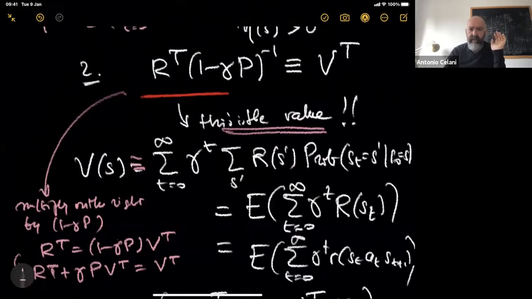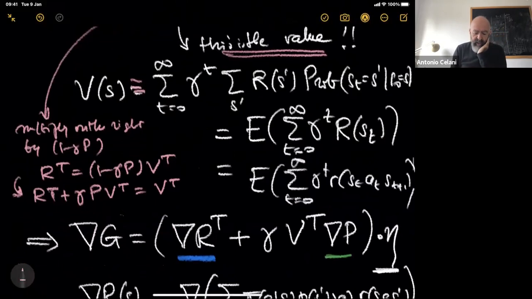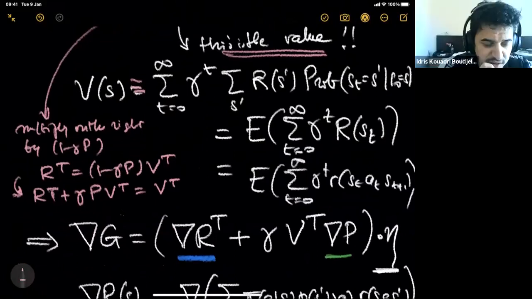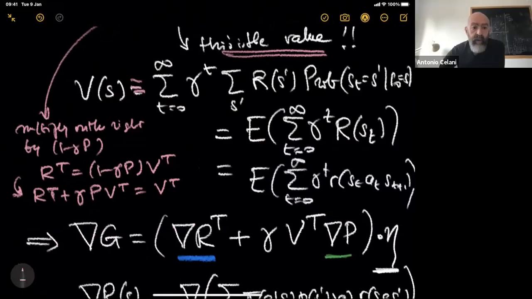Are you with me? So why do I do just this? Yeah, please. It should be on the right side, not on the left. No, or is it a commutative product? Sure, you're totally right.